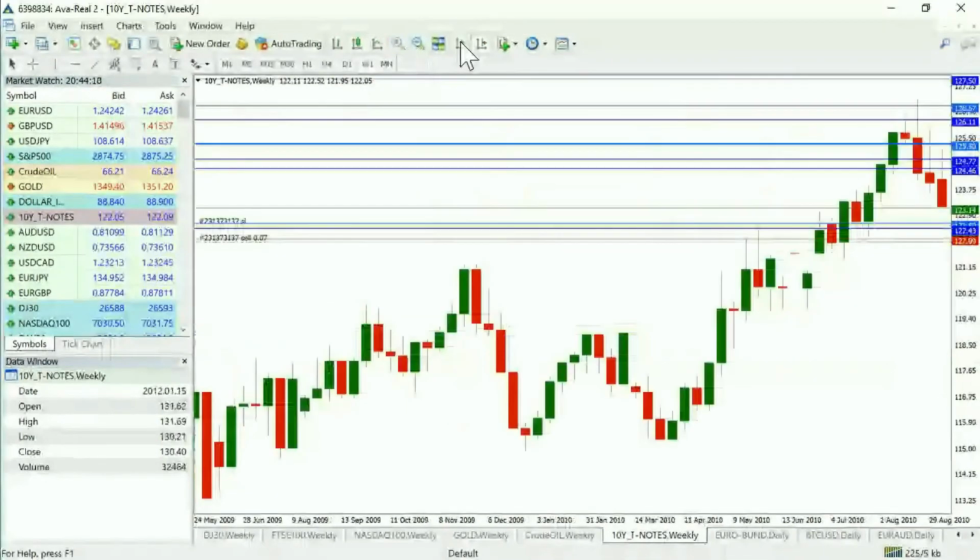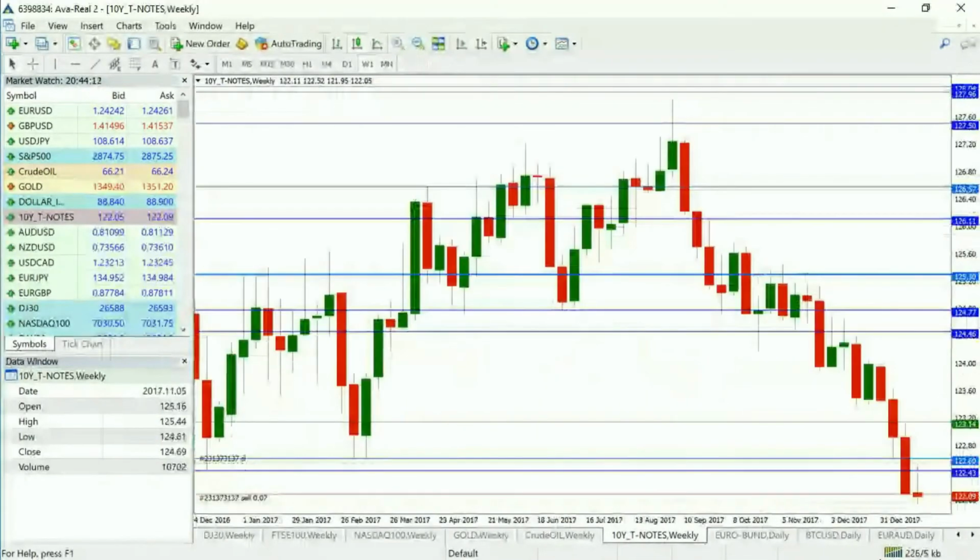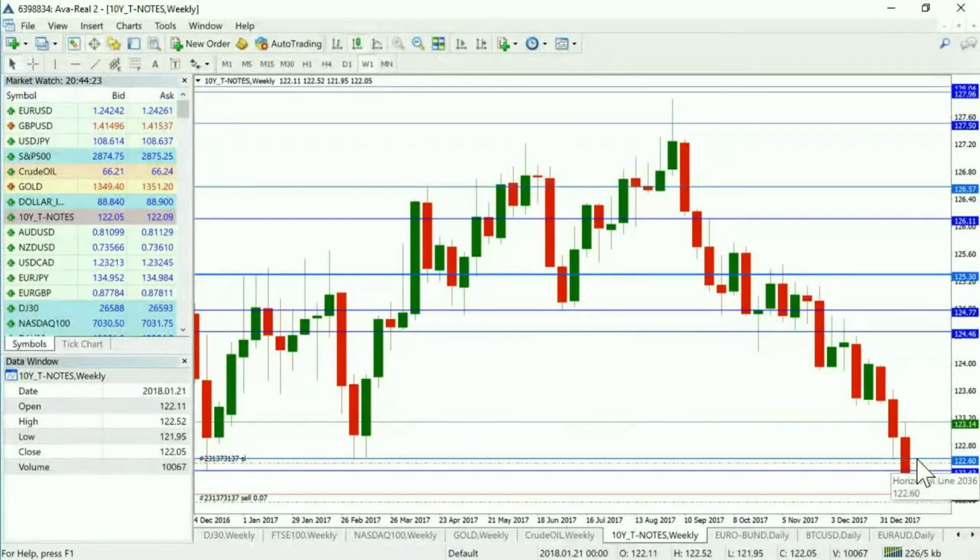So let me zoom in then on a weekly time frame. You can see the last 3 weeks really have been very, very bearish. We had a bit of bullish price action come in. We've mitigated. We've taken a bit of risk off the table with our sell trade. And the market has looked quite bearish, especially on Friday. And we are still in this trade, but we need to see the price break the weekly low.